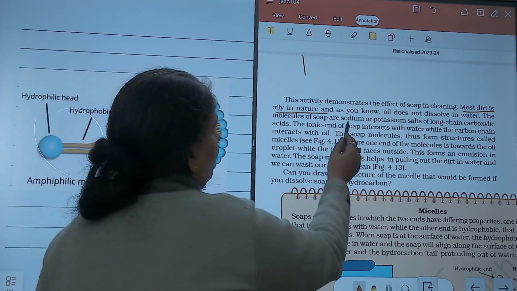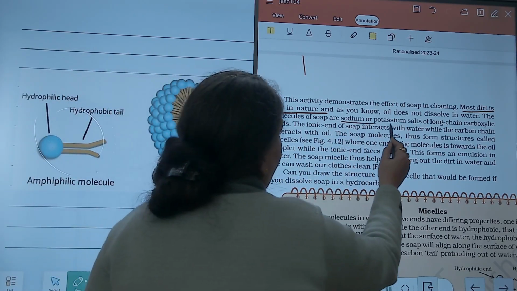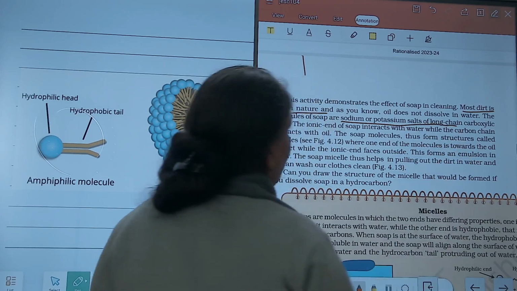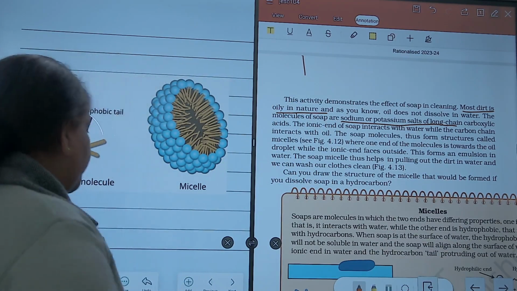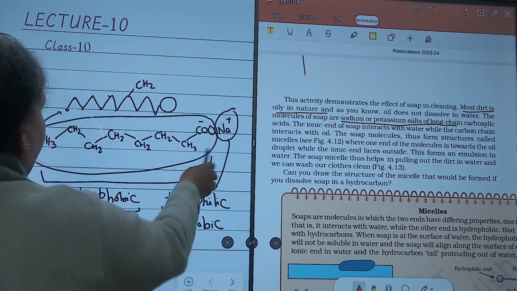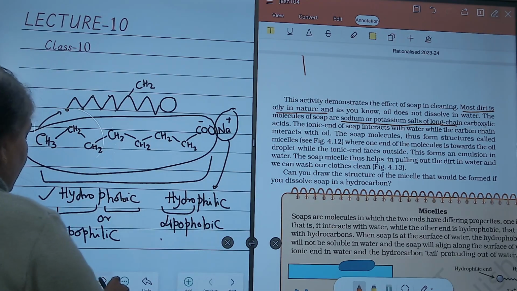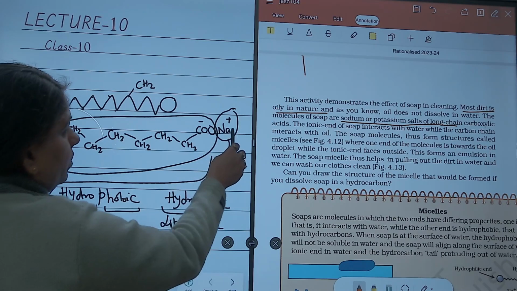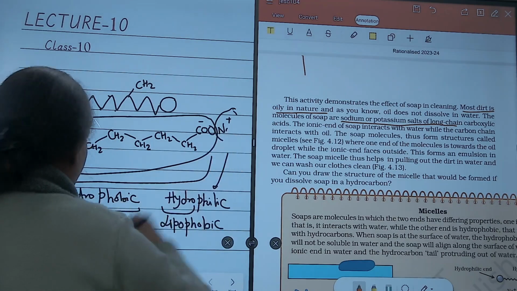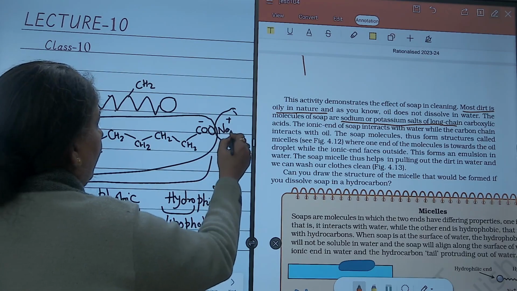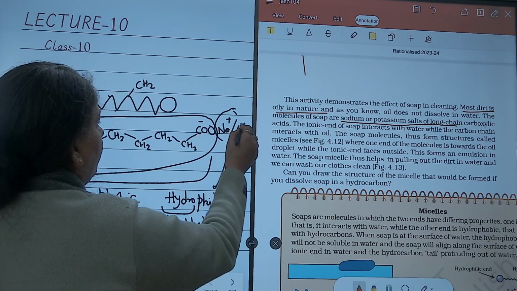Soap molecules are basically sodium and potassium salts of long chain carboxylic acids. So in place of sodium, it can also be potassium.